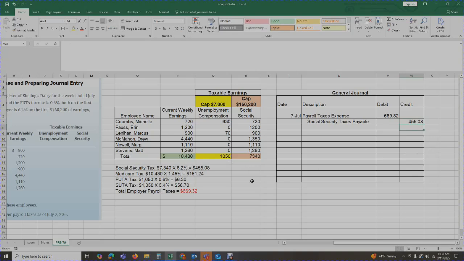Then I have my Medicare tax payable. For my Medicare, we had allocated 151.24. Then we have our FUTA tax payable of $6.30. And then we have our SUTA tax payable of $56.70.